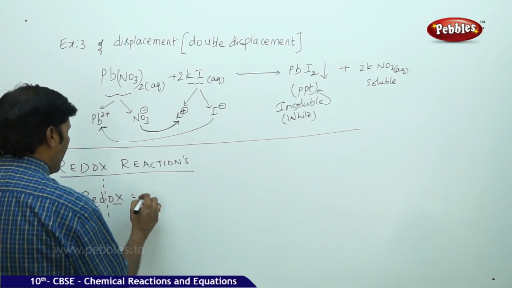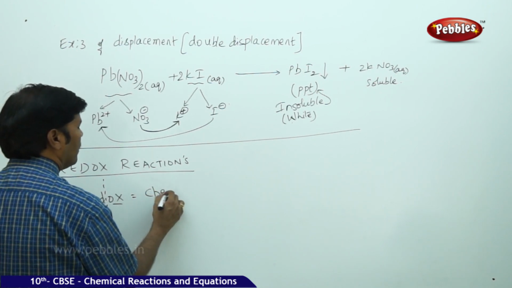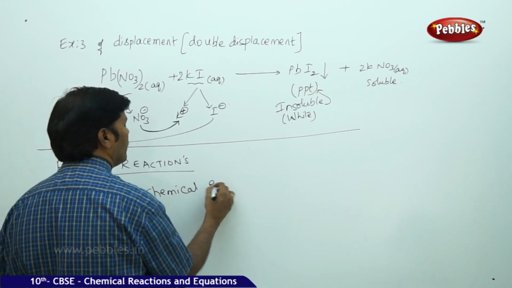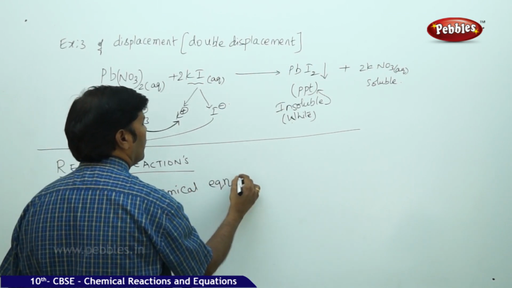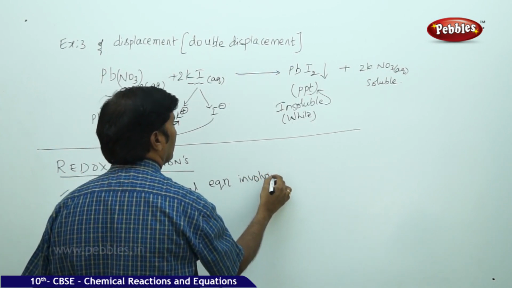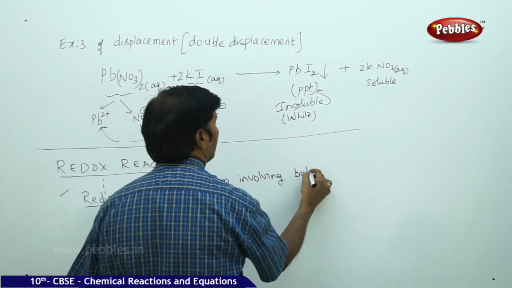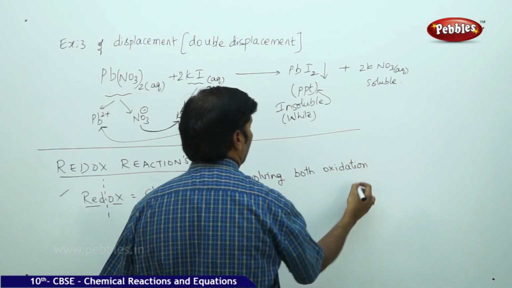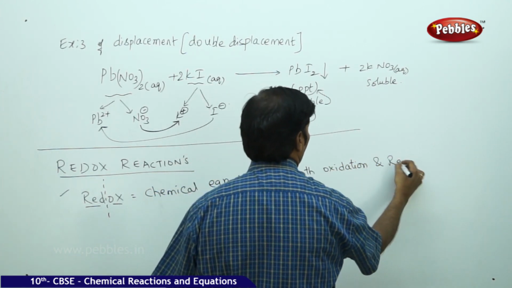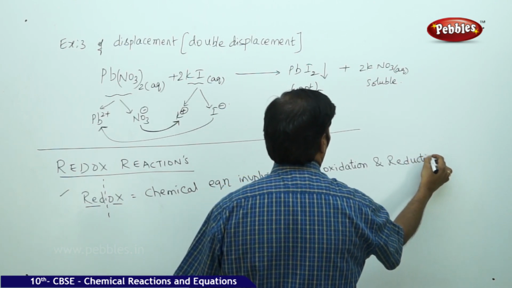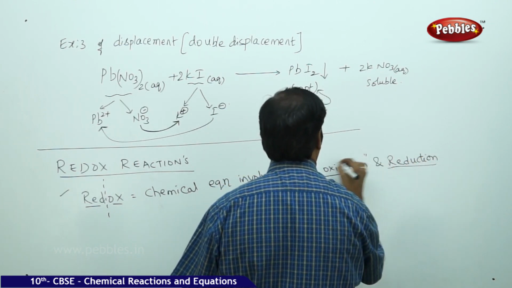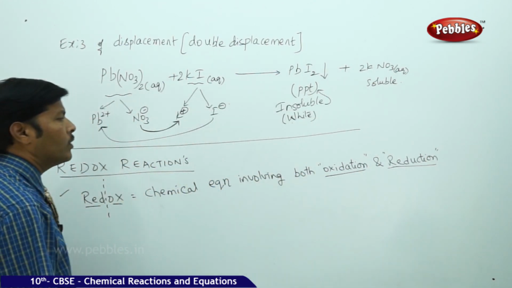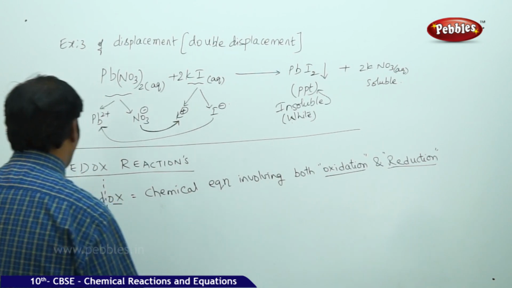A redox reaction is a chemical equation involving both oxidation and reduction. The reaction which involves both oxidation as well as reduction is a redox reaction.